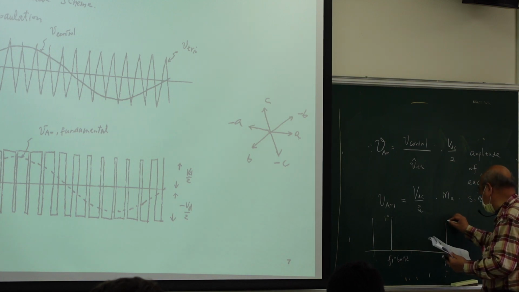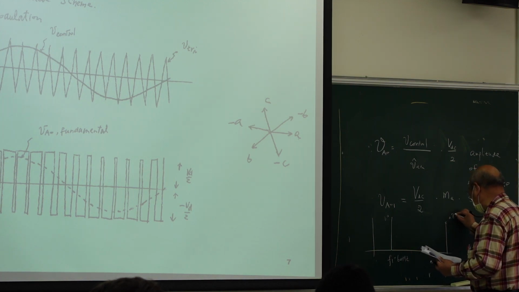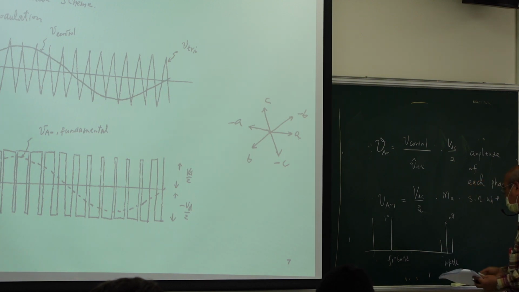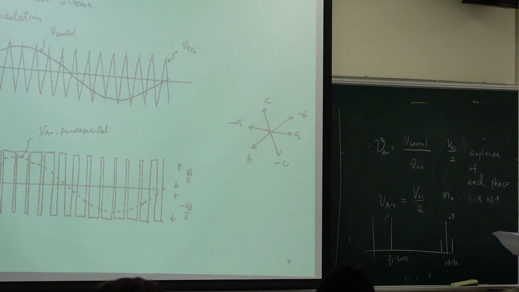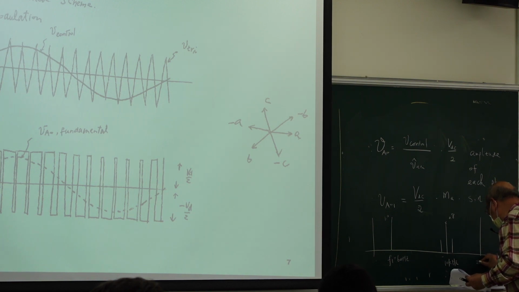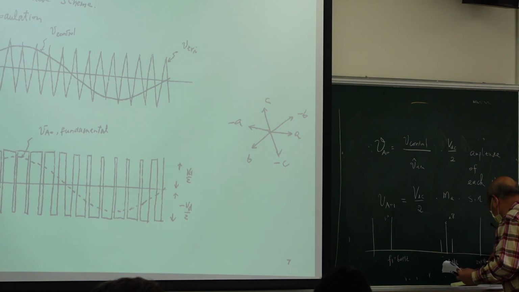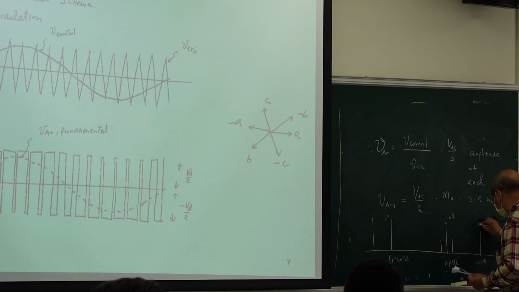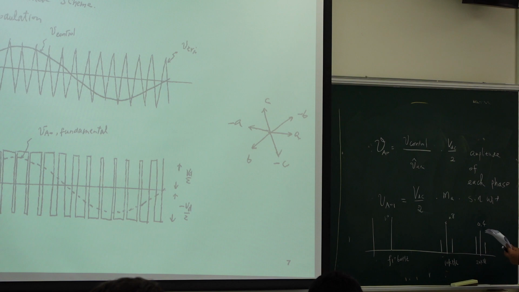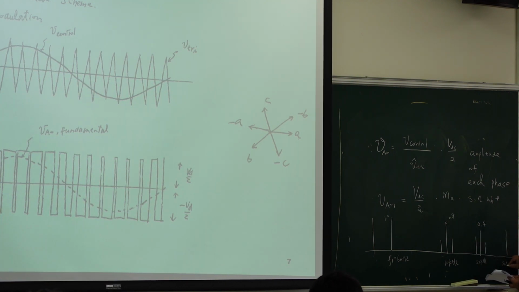So what is the amplitude? It could be 0.8. And you have side harmonics near 10 kilohertz. You have small harmonics. How about the next one? 20 kilohertz. Maybe 0.4. And you also have sidebands. And how about the next one? 30 kilohertz. So it is related to the carrier.